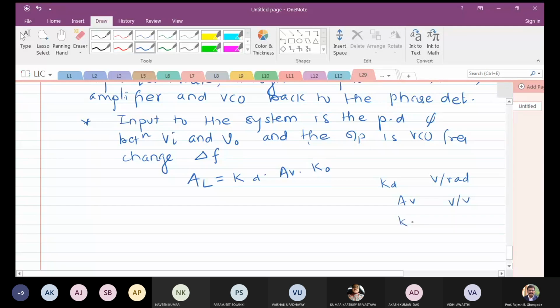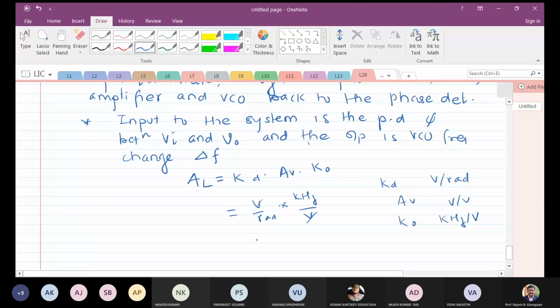And KO, what is KO? It is the VCO sensitivity, mostly given in kilohertz per volt. So what is going to be the overall units for the gain? Volts per radian into kilohertz per volt, the volt cancels.